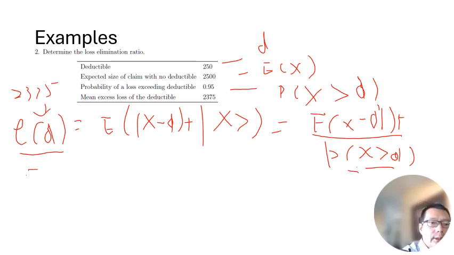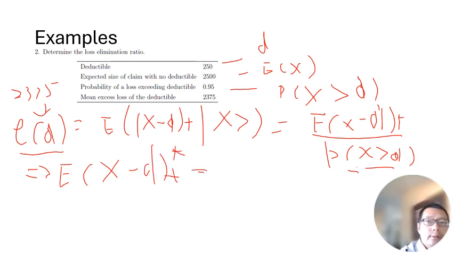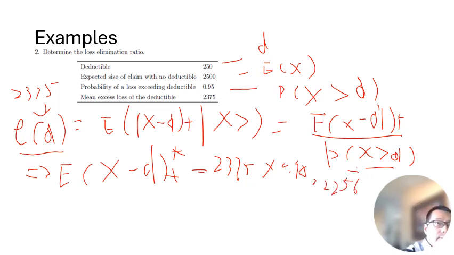So from here we can get the expected value of (X - d)+ is equal to 2375 times 0.95, which gives you 2256. From here we can determine the loss elimination ratio.